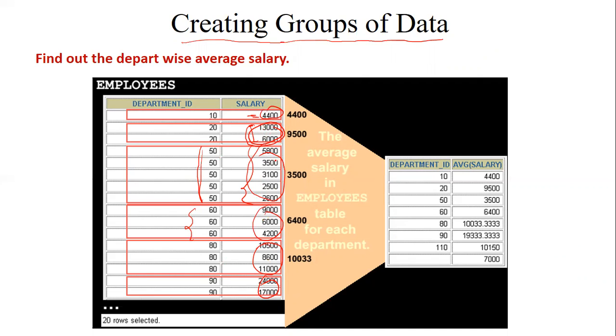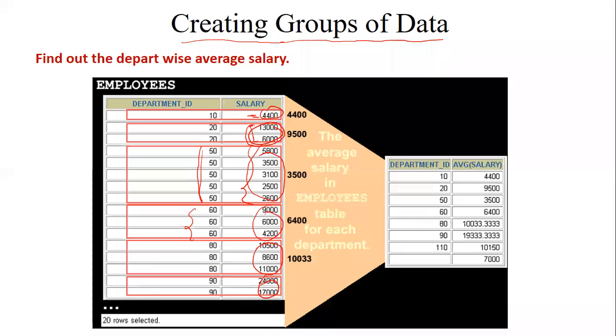Then we have to check which group has the maximum average. Then we can identify whether 50 has the maximum average, or 60, or 80. Based on that, we can identify the department which has the maximum average salary.